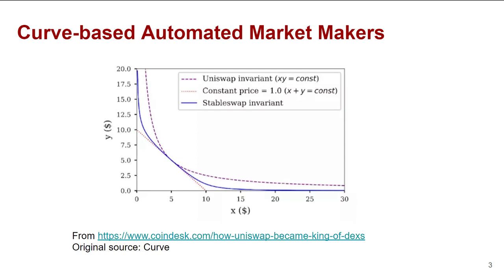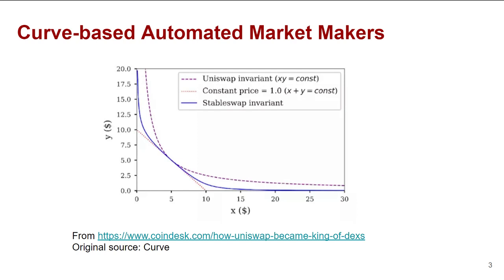It could be a constant product curve, such as used in Uniswap, and this is shown in the purple dashed line. Another example is the invariant that's used in stableswap, and that's shown here in the blue solid curve.